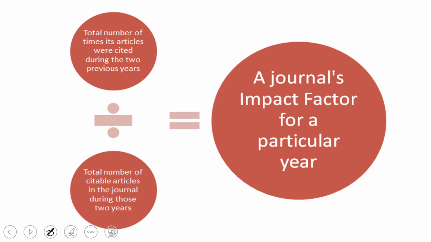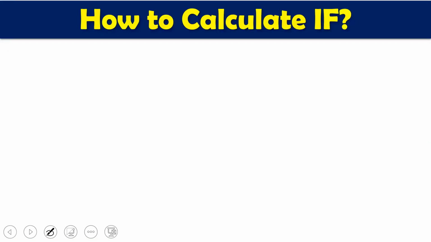So this is the formula by which journal impact factor is calculated: the total number of items or articles cited during the previous 2 years divided by the total number of citable articles published in these 2 years. If you divide it, you will get a value, and that is called its impact factor.